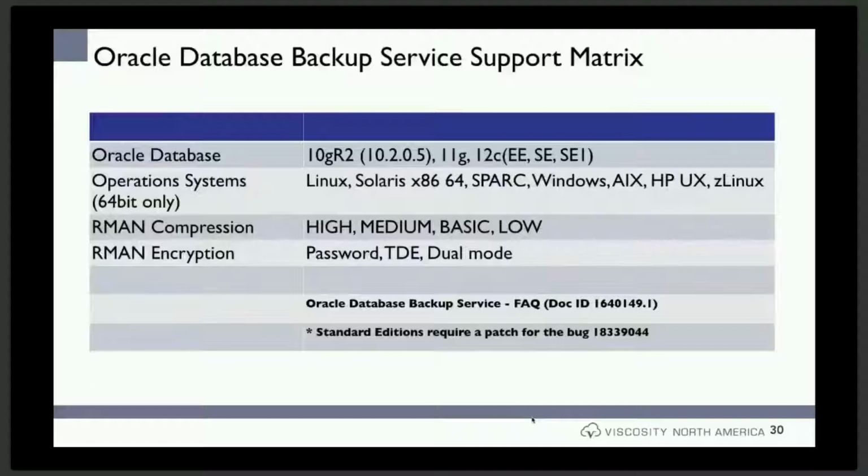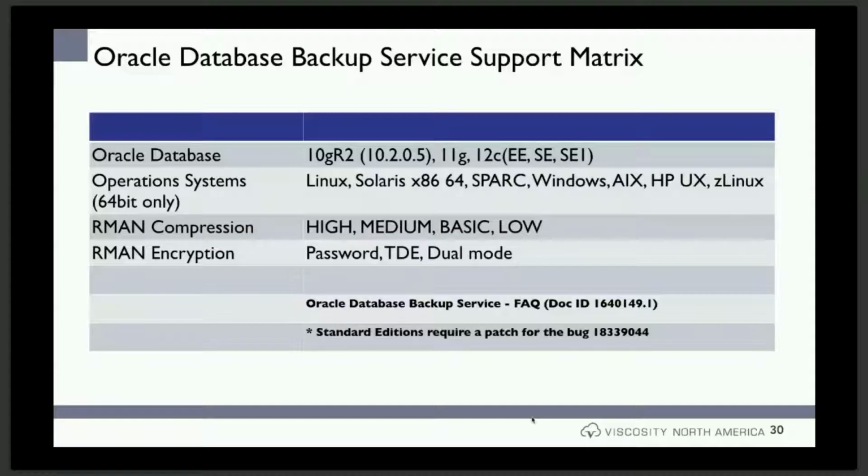So, like I said before, right, the backup service supports 10g databases, 11g, and also 12c and 18c. And as you can see, it also supports Standard Edition and SE1 and SE2, right? So from an operating system perspective, just about every operating system is supported.